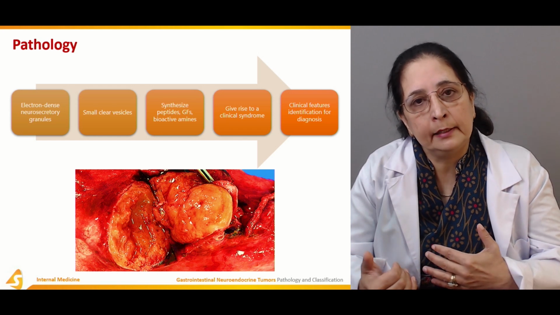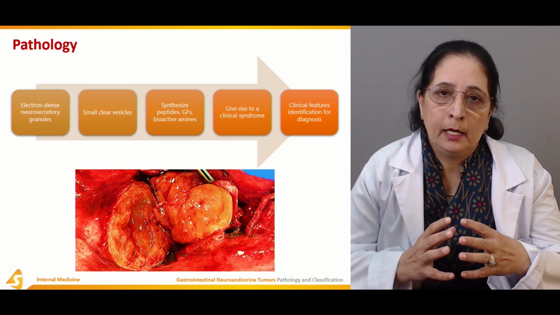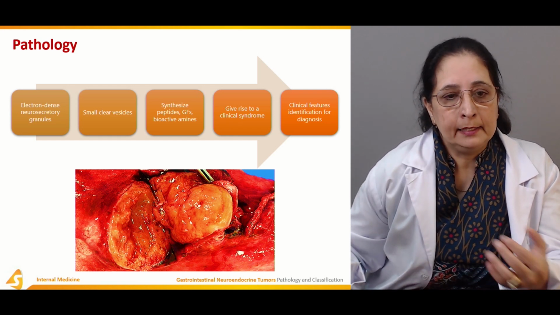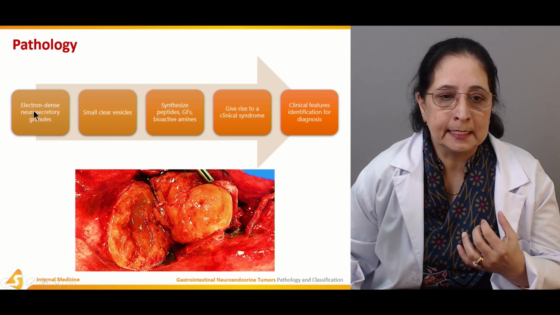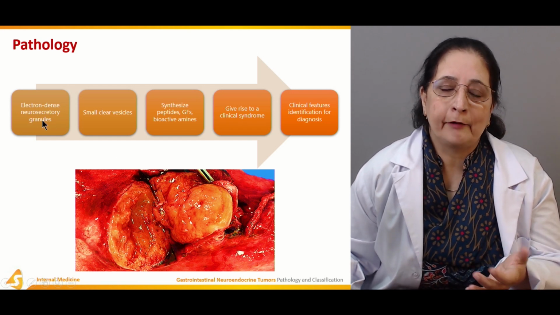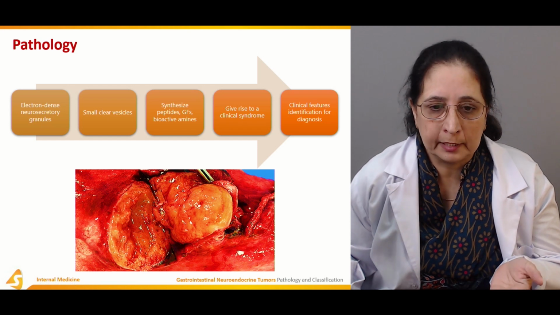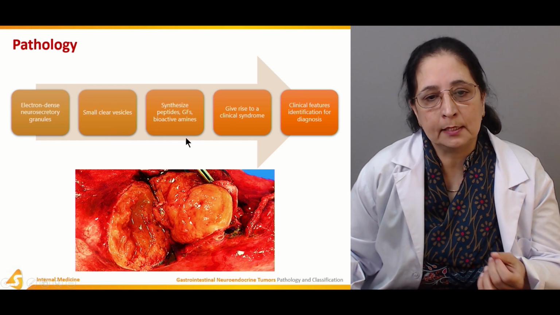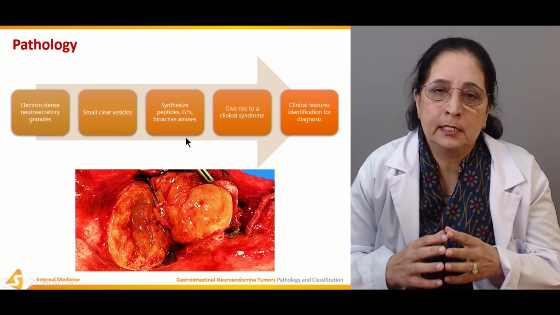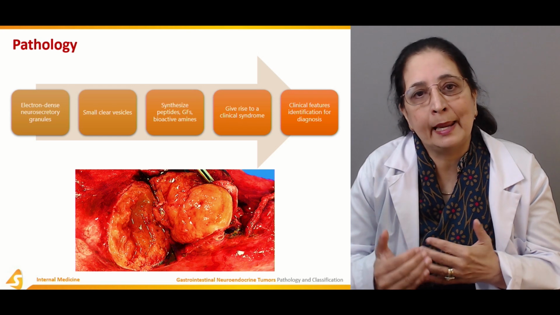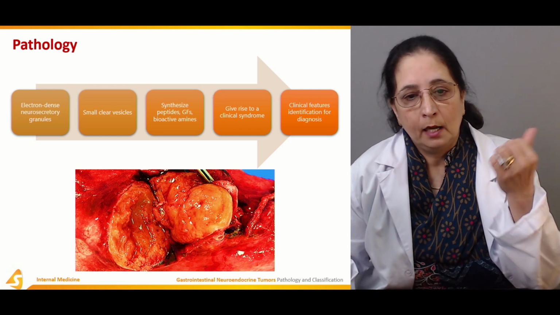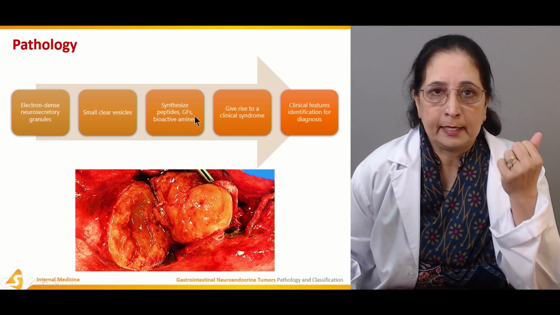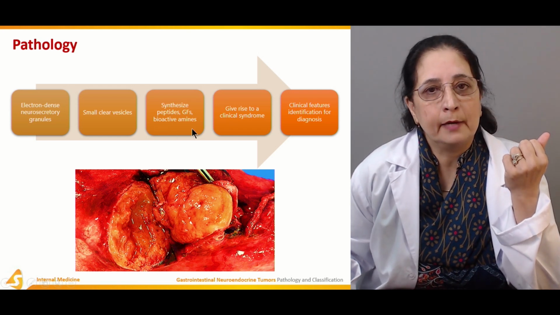Then we have other chemicals used for cytochemical localization, and they have electron dense neurosecretory granules that cause secretions. These vesicles and neurosecretory granules produce peptides, growth factors and bioactive amines.